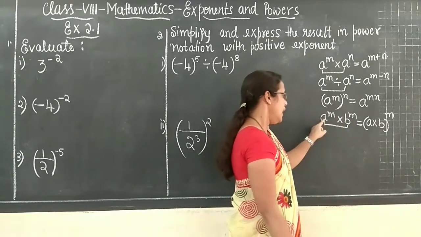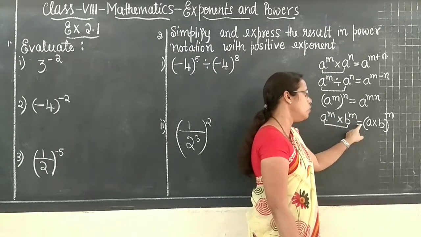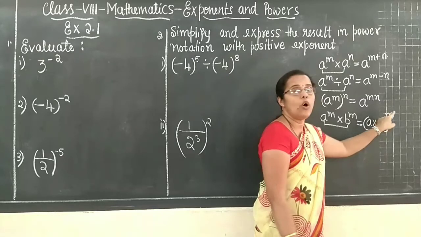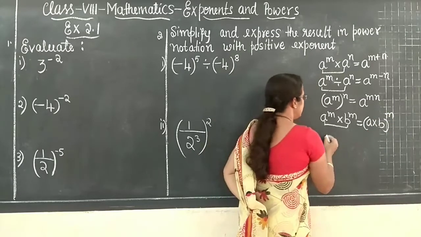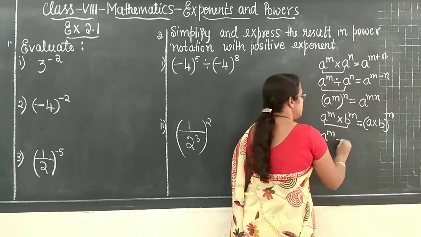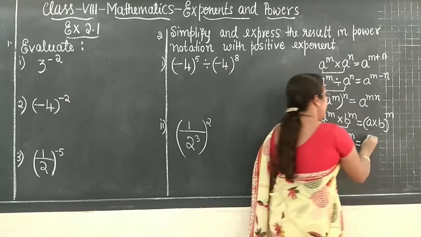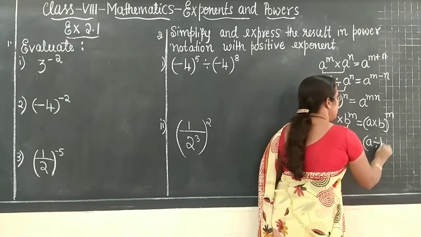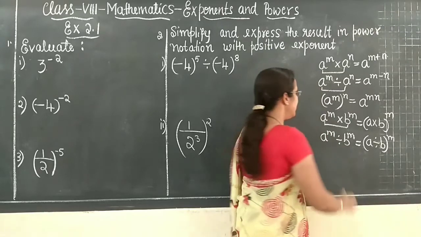So here a to the power m into b to the power m is equal to a into b whole to the power m. In the same method, another is a to the power m divided by b to the power m is equal to a divided by b whole to the power m. This can also be written like this.